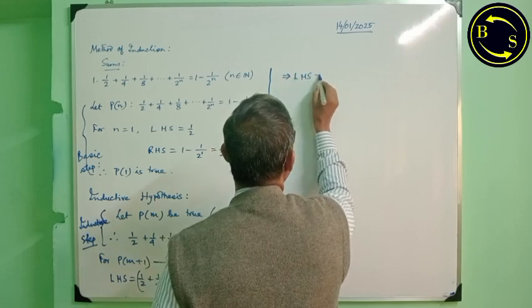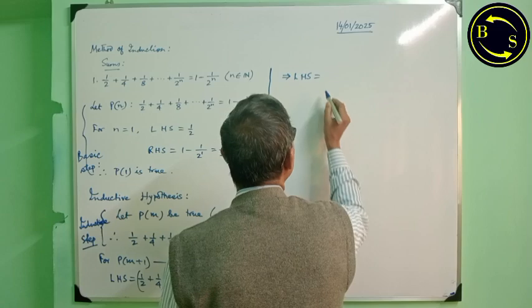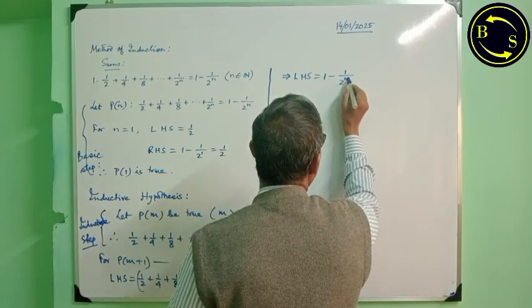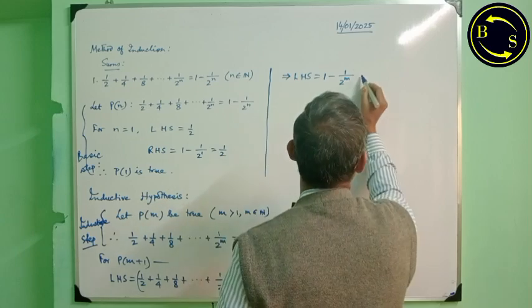LHS is equal to 1 minus 1 by 2 to the power m plus this extra term.